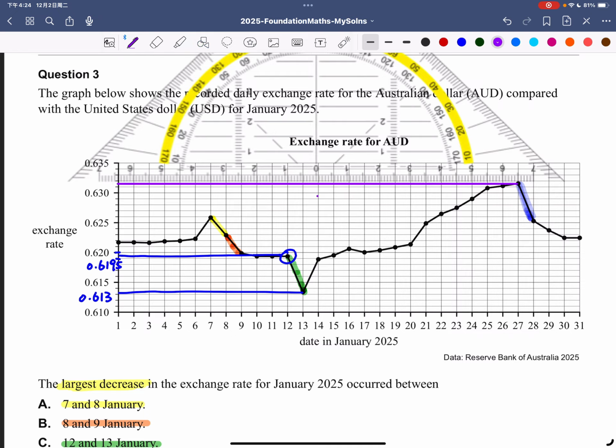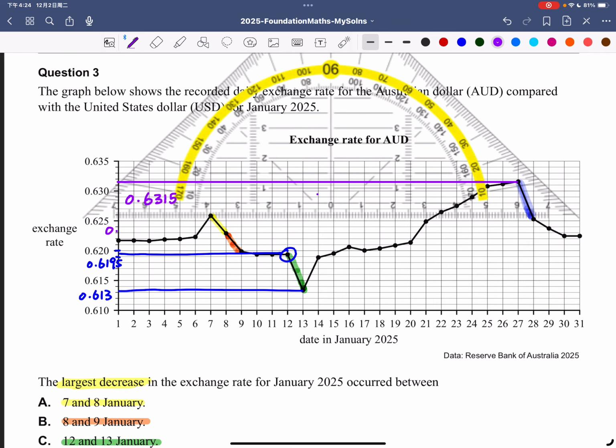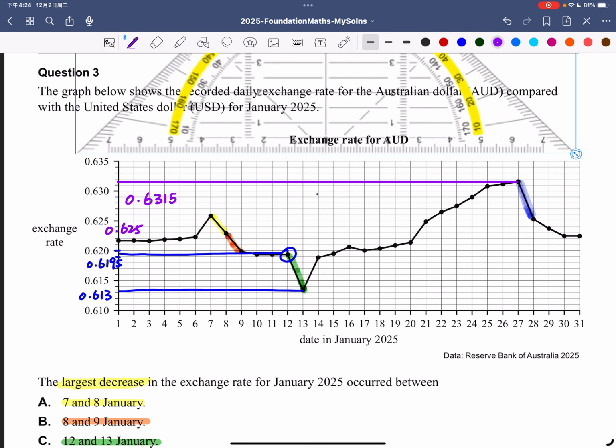You'll be able to get 0.6315, maybe something along this line. And then you can just move the ruler over there, which is along the line of 0.625. So I'll be doing two calculations.